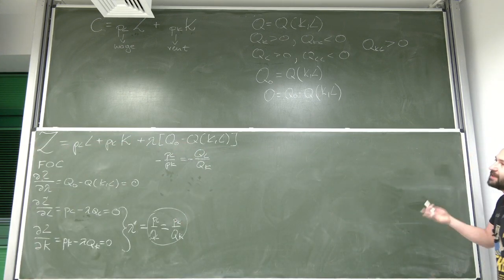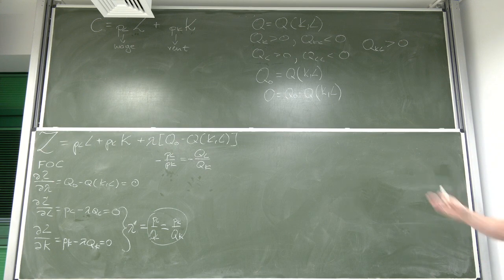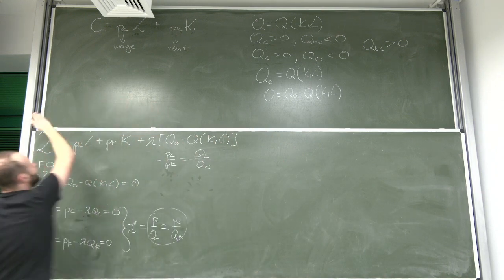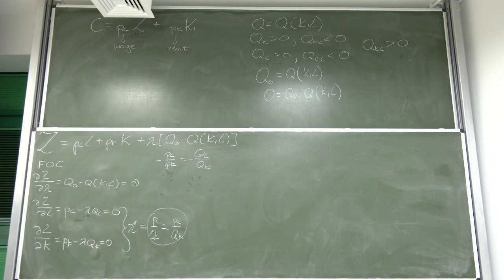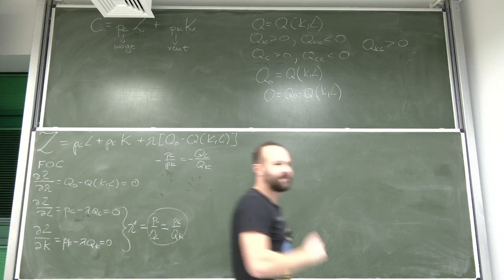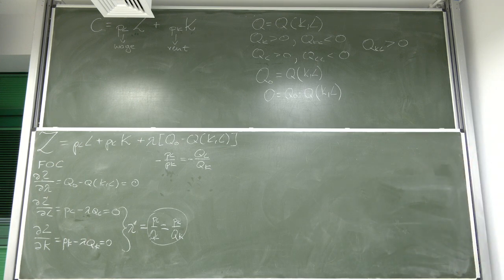Okay, but let's do those things step by step. So look, out of the equation for cost, we can actually calculate a cost line. A very specific cost line that I'm going to explain in a second.